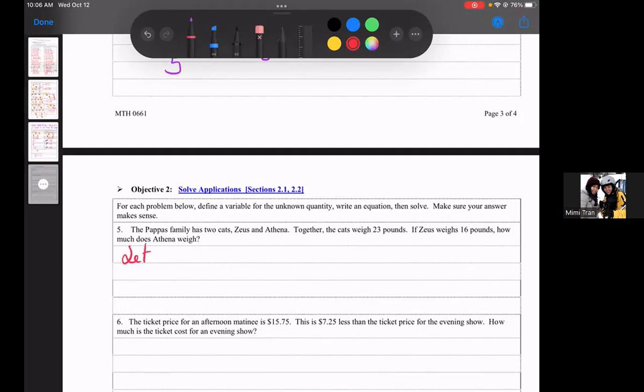If Zeus weighs 16 pounds, all right, if I let X be the weight of Zeus, then according to this, how do I construct an equation?